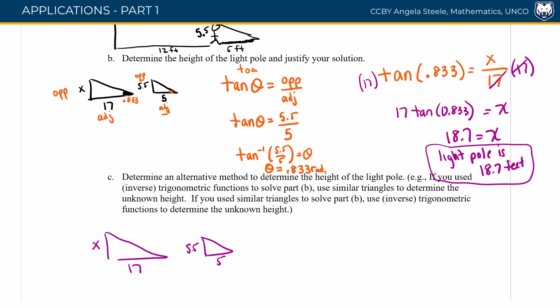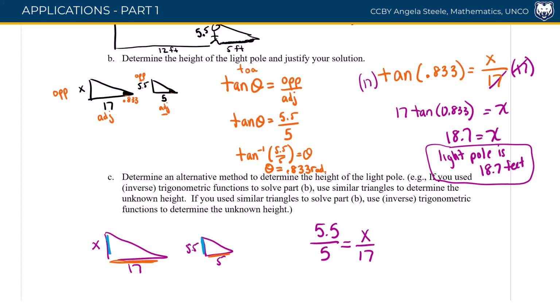With similar triangles, we could set it up as a ratio of 5.5 over 5, so we take the ratio of the sides of one triangle and set it equal to the ratio of the sides of the other triangle. So we get x over 17. Just remember to keep the ideas the same: in the numerator, we're using the vertical height on both of those, and in the denominator, we're using that horizontal distance.